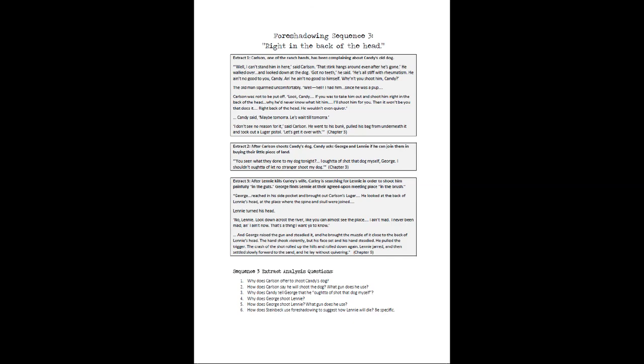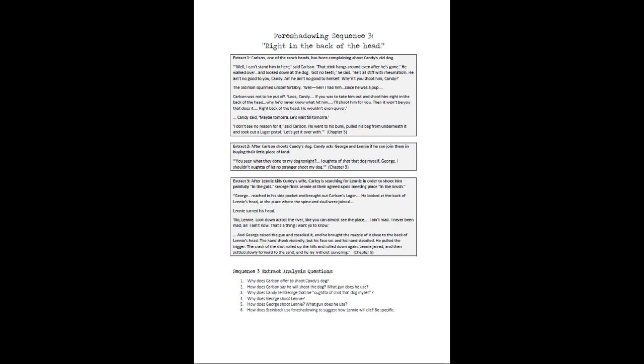George reached in his side pocket and brought out Carlson's Luger. He looked at the back of Lenny's head, at the place where the spine and skull were joined. Lenny turned his head. "No, Lenny. Look down across the river. Like you can almost see the place. I ain't mad. I never been mad. And I ain't now. And that's the thing I want you to know."